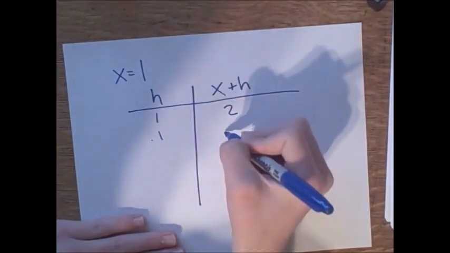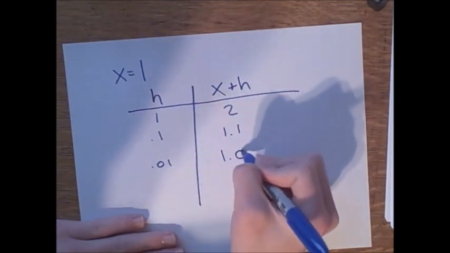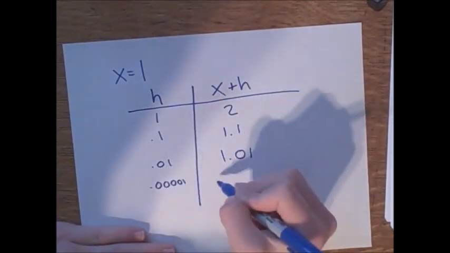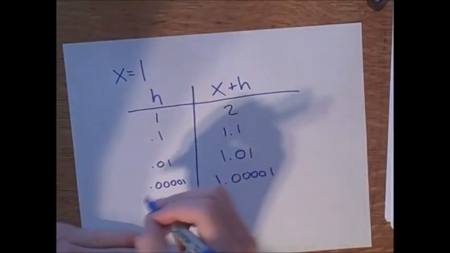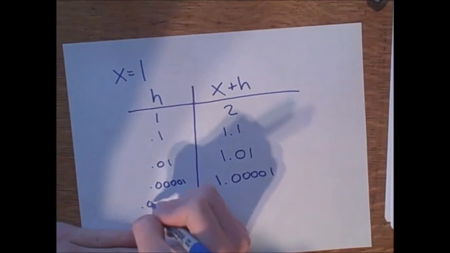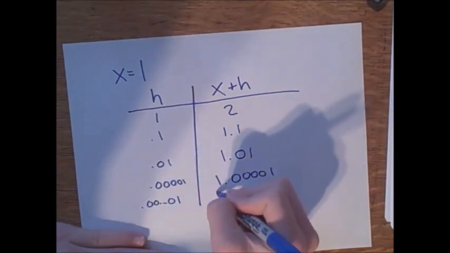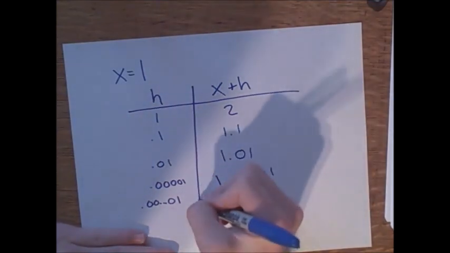We do 0.1, then we get 1.1. 0.01, we get 1.01. 0.00001, we get 1.00001. Then we're just going to write 0.0000001, and then we get 1.0000001.